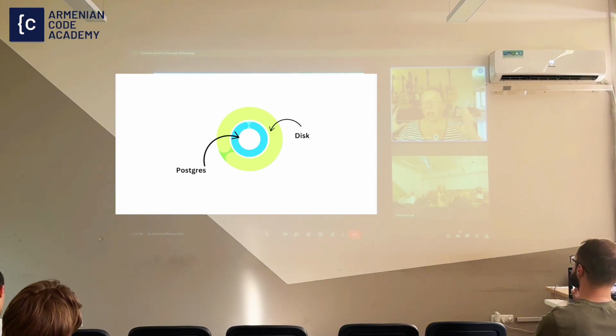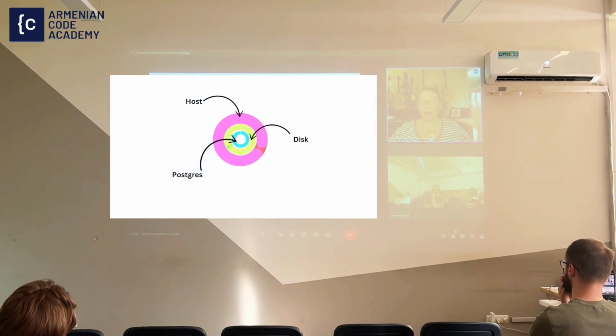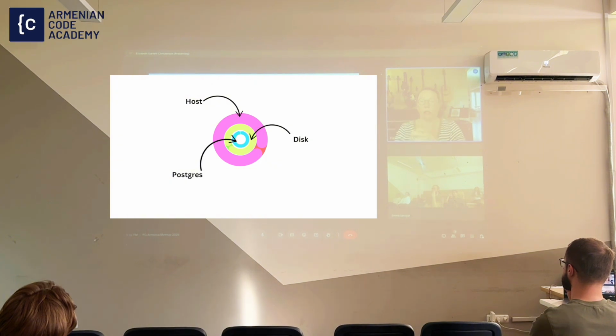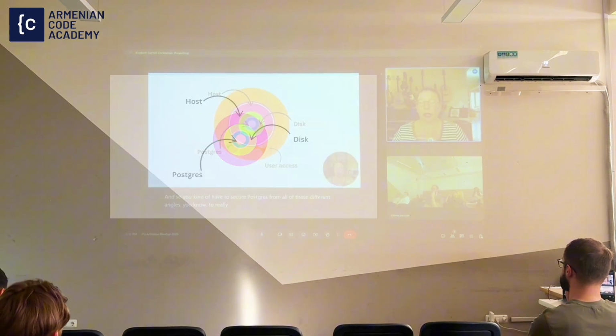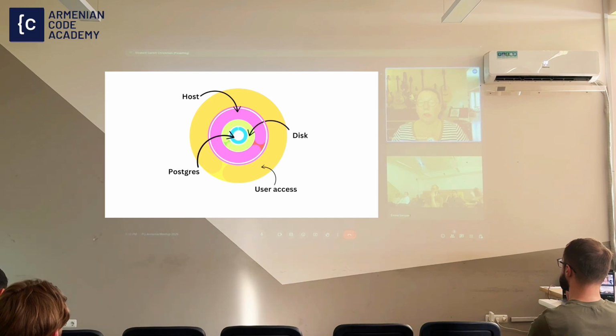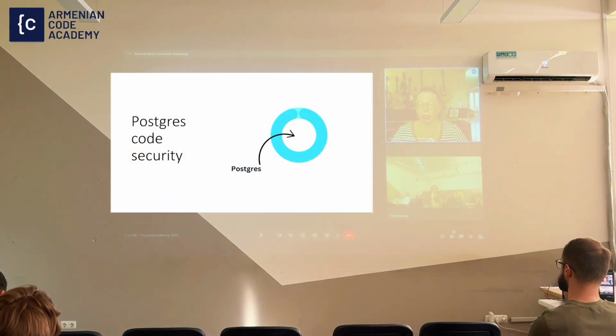And then you've got the user access, right? So you have to secure Postgres from all of these different angles to really get everything locked up. That's how I'm going to organize the overview I'm giving today, around those areas. And the first thing I'm going to talk about is just the Postgres code security itself.